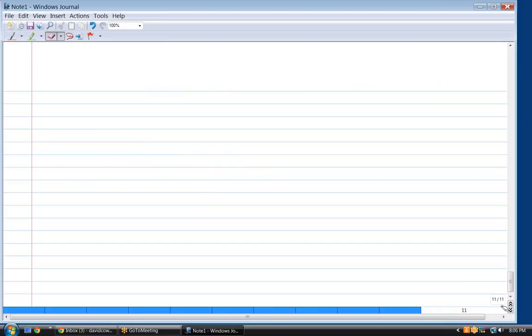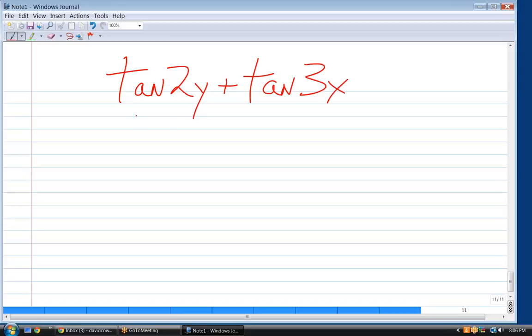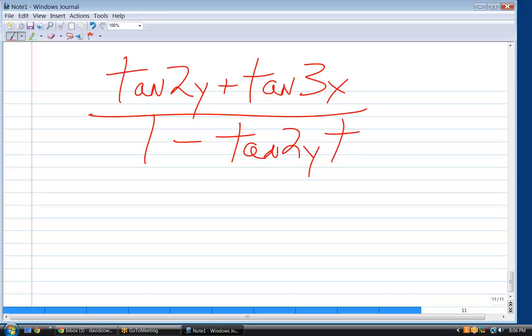The last one of those is tangent 2y plus tangent 3x over 1 minus tangent 2y tangent 3x.